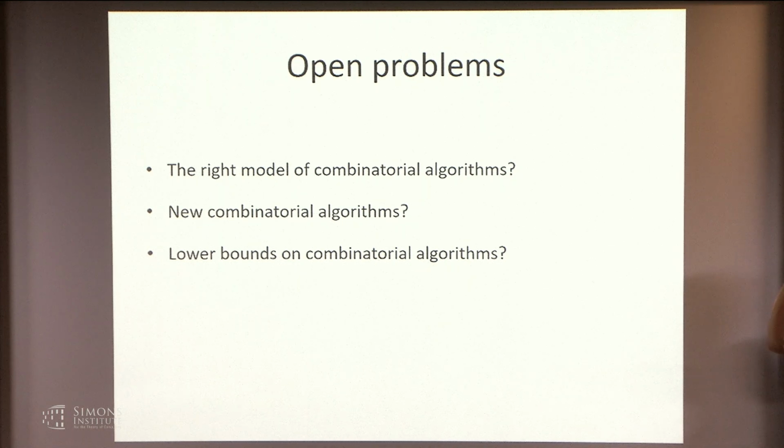Another really nice question, where I would love to see some progress, is getting new combinatorial algorithms, breaking this n-cubed lower bound, so getting truly subcubic combinatorial algorithms, to speed up Boolean matrix multiplication by means other than fast matrix multiplication. And of course, what would be lower bounds for the model you design. So, thank you.